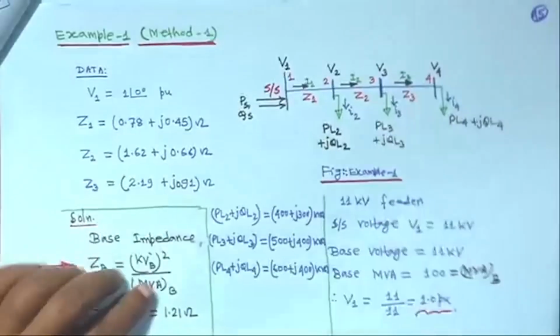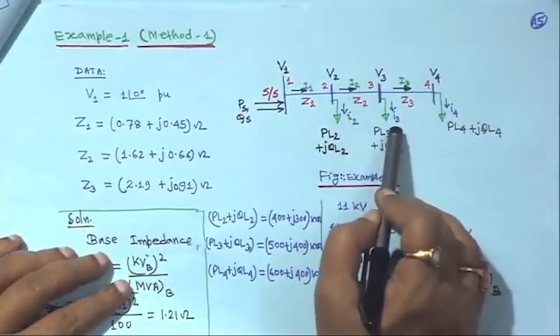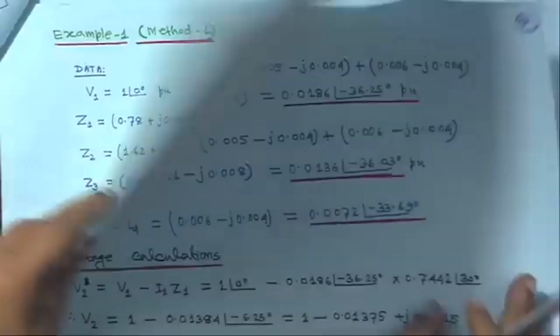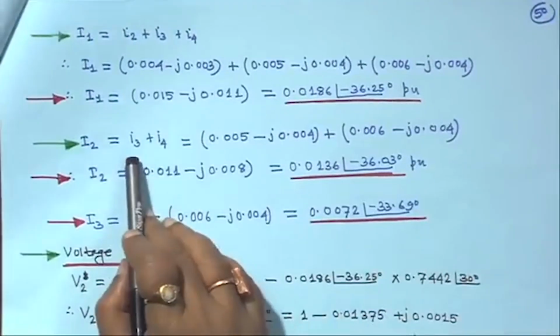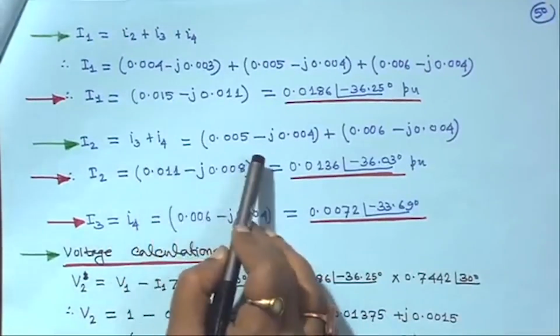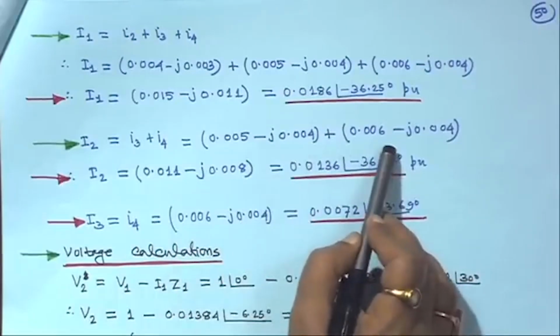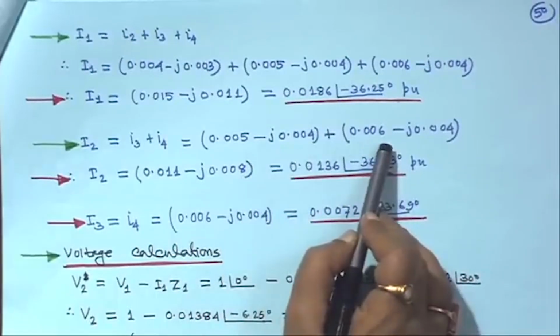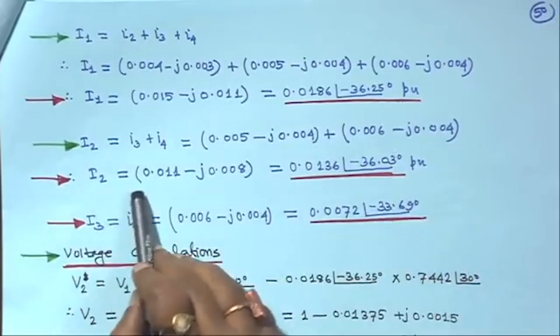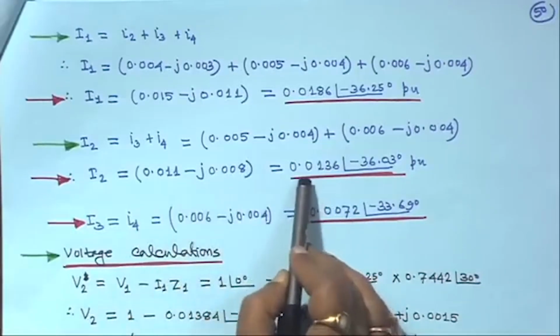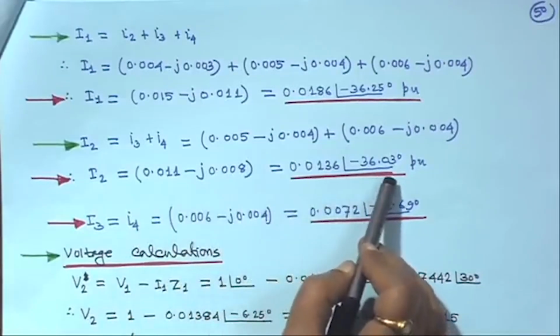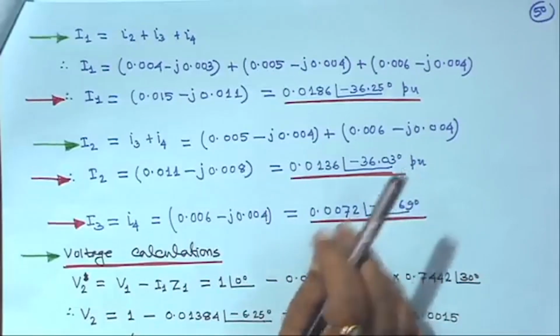Similarly, current through this branch, I2 is equal to small I3 plus small I4, that is I3 is this much, I4 is this much. Previously in the previous slide we have computed all. So, if you make it, I2 is equal to, ultimately it will come 0.0136 angle minus 36.03 degree per unit, right.